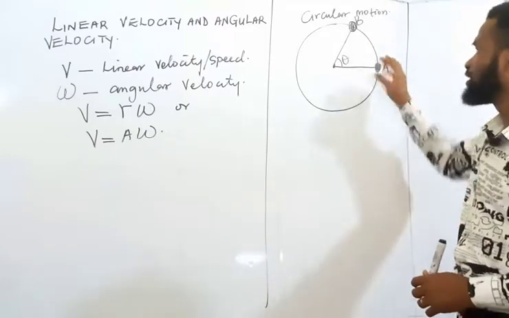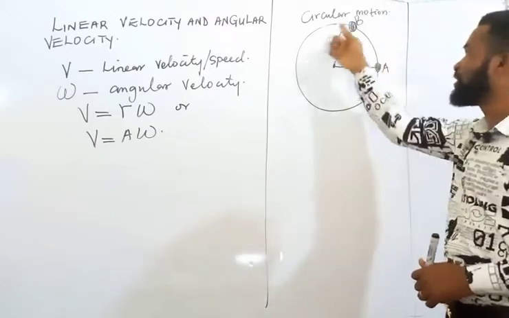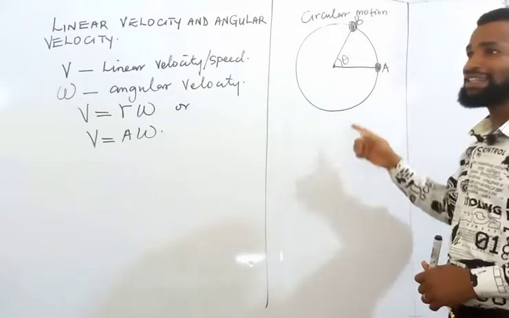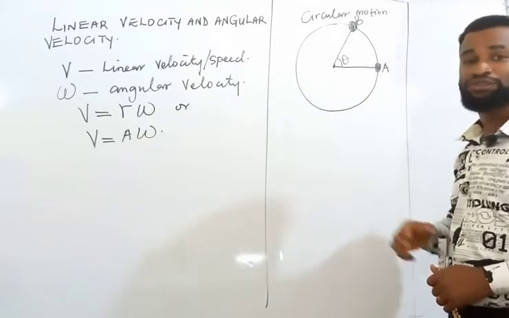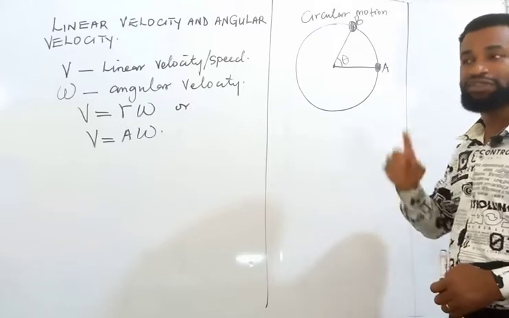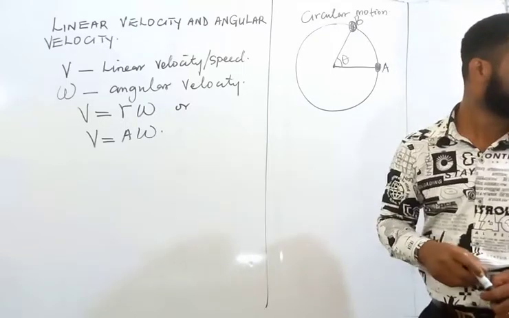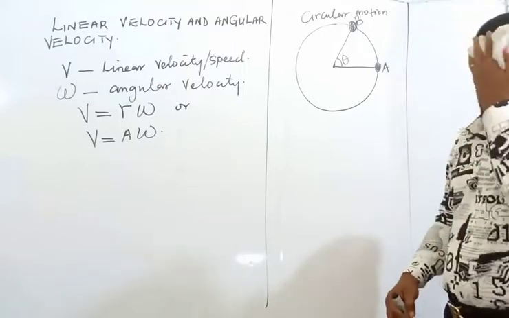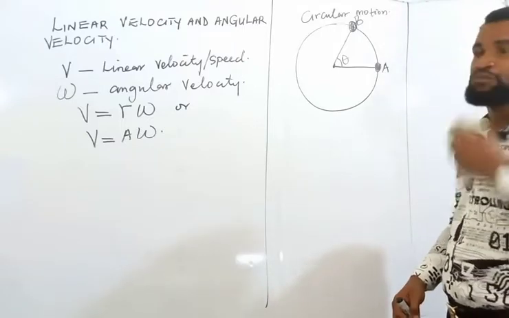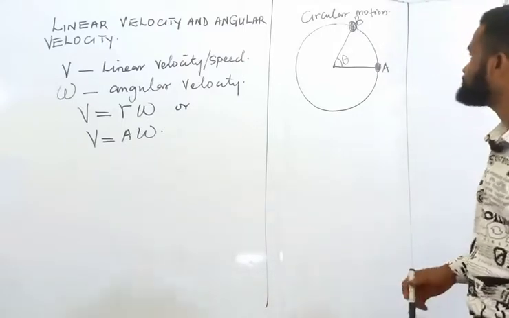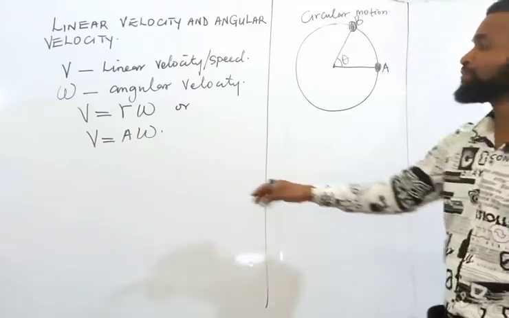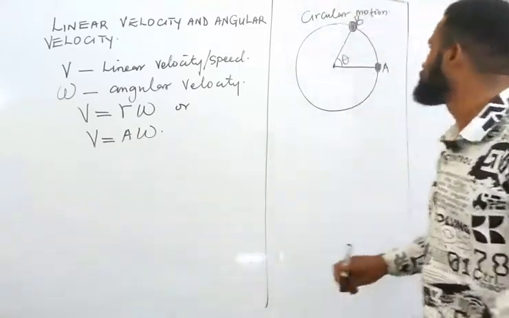Here the speed is constant and the acceleration is not directly proportional to the displacement as it was given in simple harmonic motion. However, I'm going to do a proof to show that this is true.